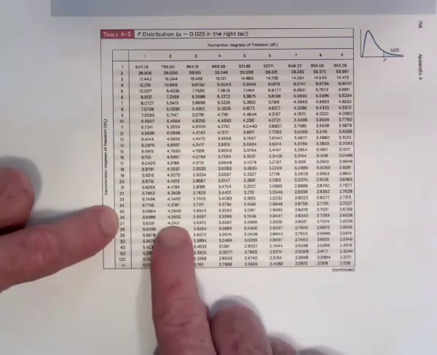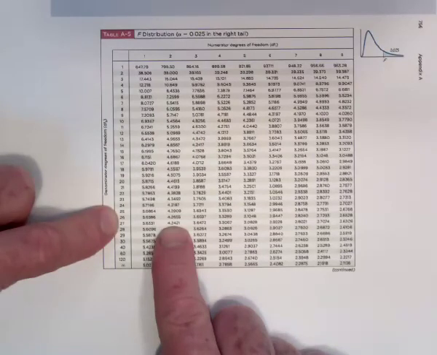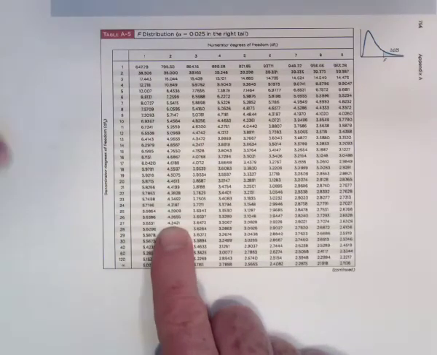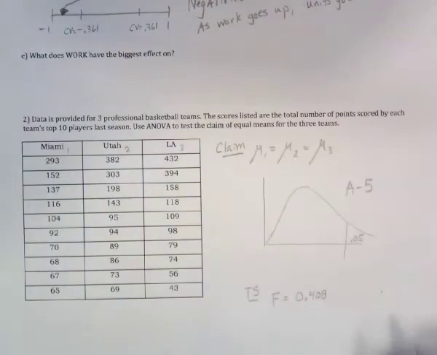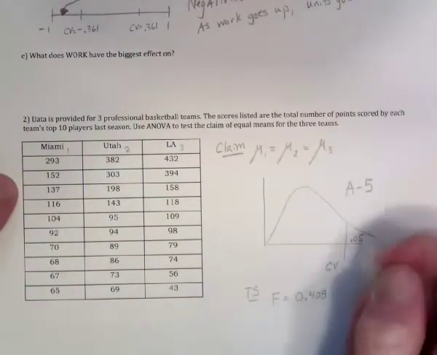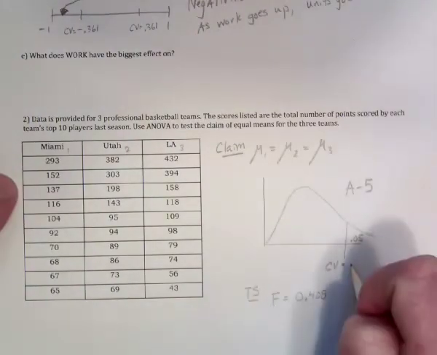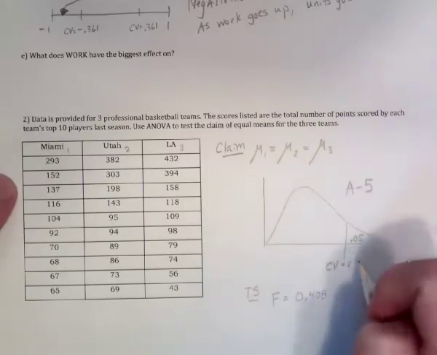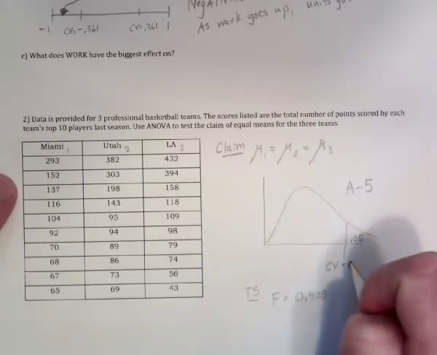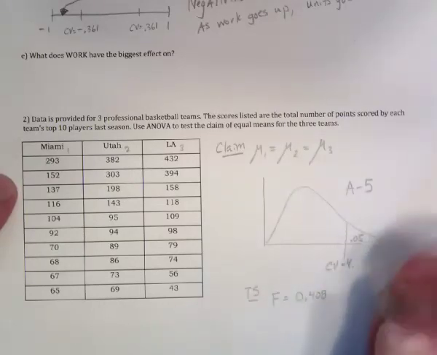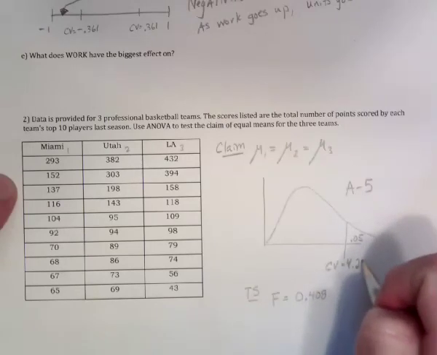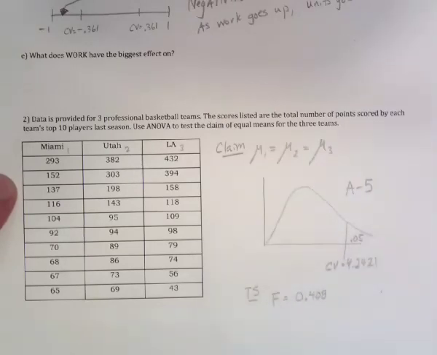And then find out where the 2 and the 27 meet. And I don't know if you can see it, but it's 4.24. Oh, so it's a 3.421. So the critical value is 3.421.